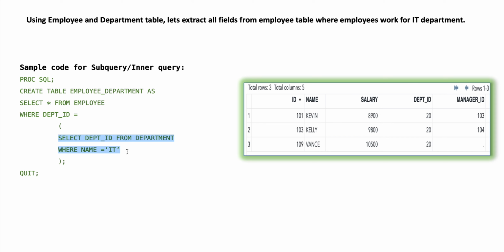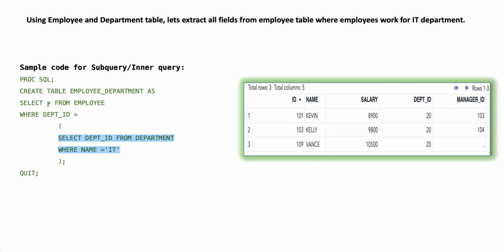The result is 20 because the IT department is related to department ID equals 20. We have the value here, department ID is 20. Now this value is used to execute the outer query. That means the outer query executes according to this value.